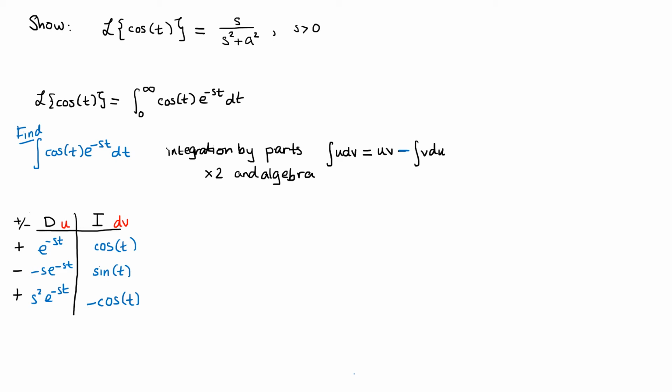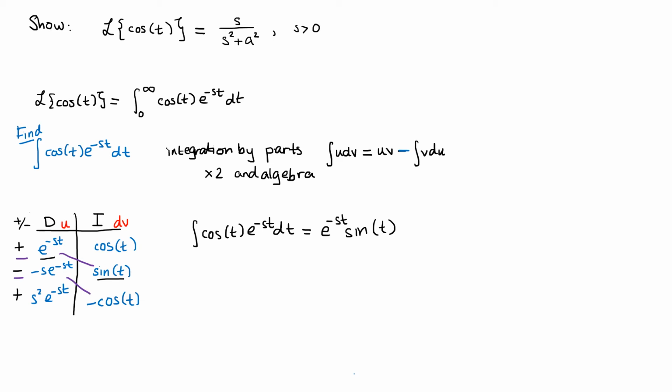So we can write down our integral. This is going to look like our u times our v, so e to the negative st times sine of t. So we multiply, we use the sign and then the diagonal product.